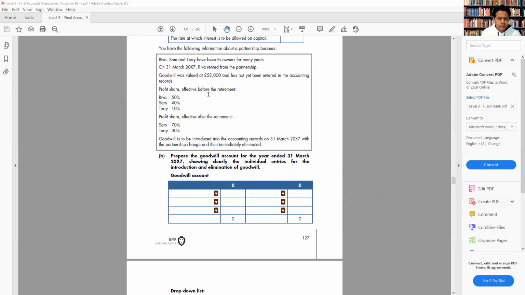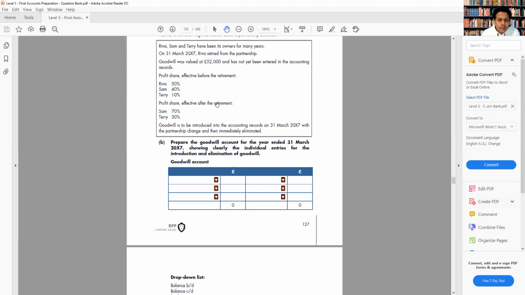The profit sharing ratio, Riva, Sam, Terry: when it was three partners, it was 50, 40, and 10. So this is the old profit ratio. Now, after the retirement, only Sam and Terry are left, so the profit ratio is now 70 and 30.